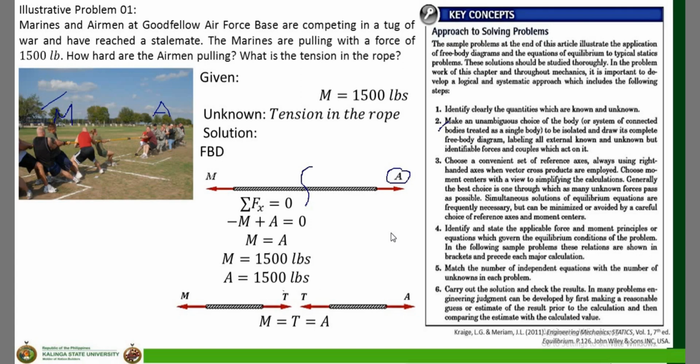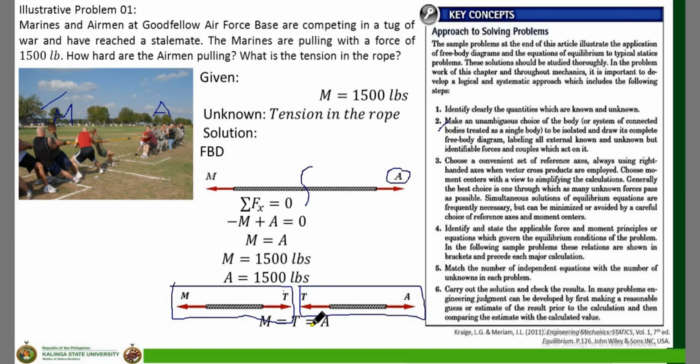Again, to maintain equilibrium, the forces should be equal in magnitude but opposite in direction. So M is to the left, and T is to the right. Then for the airmen, T is to the left and A is to the right.